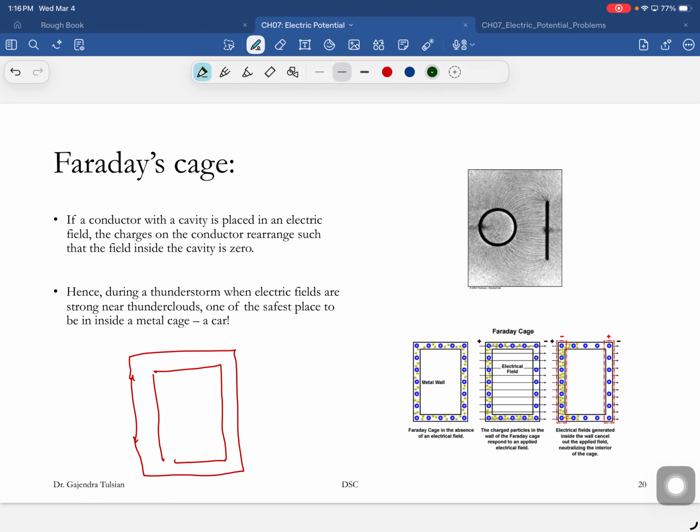What causes lightning? 3 million volt per meter. David, I told you never to forget it. What's happening, my friend? Okay, so 3 million volt per meter. What happens at that electric field?